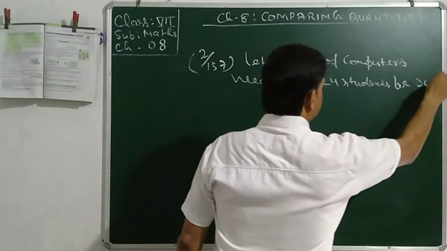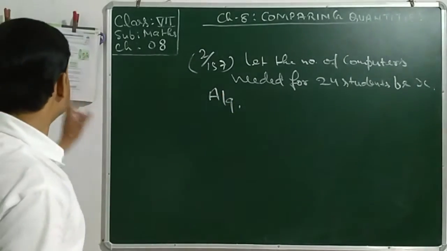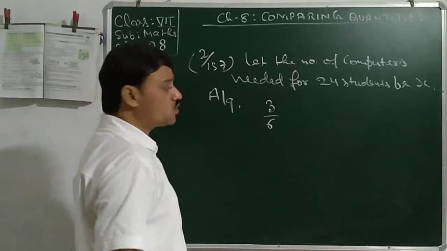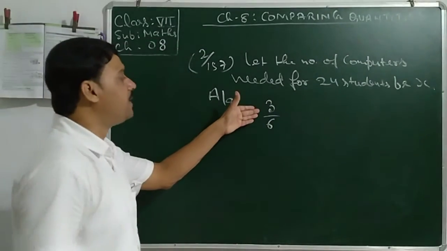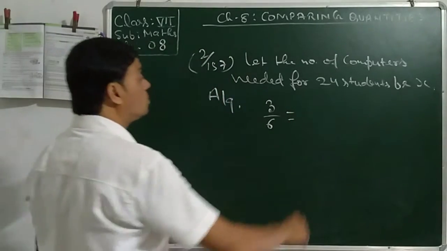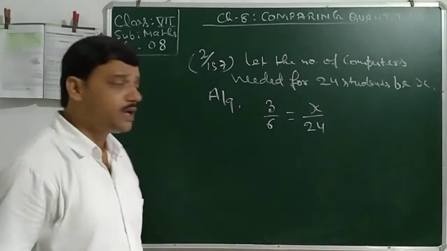be X. Then according to question, as 3 computers was given to the 6 students, so ratio became 3 by 6 or 3:6 must be equals to the X computers to be given to 24 students.